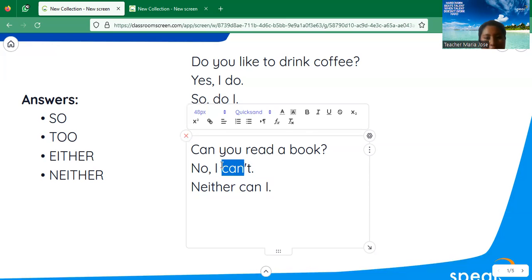Because remember that we need to use the same model that we were using in the question. Very nice. Or the auxiliary, as in the case for do. Okay. Now, if I don't want to say neither can I, what could be another possibility? Let me see. Abigail?